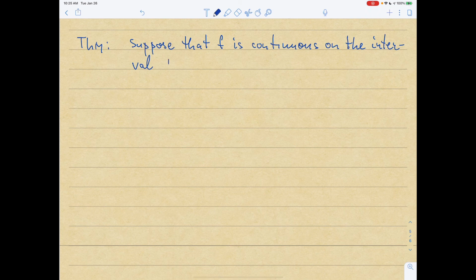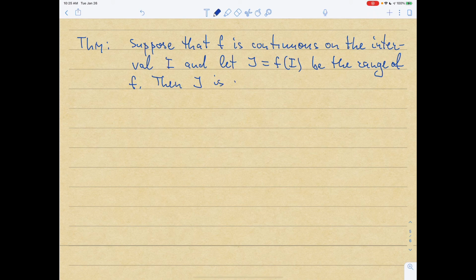Suppose that f is continuous on the interval I, and let J equal to f of I be the range of f. Then J itself is an interval.